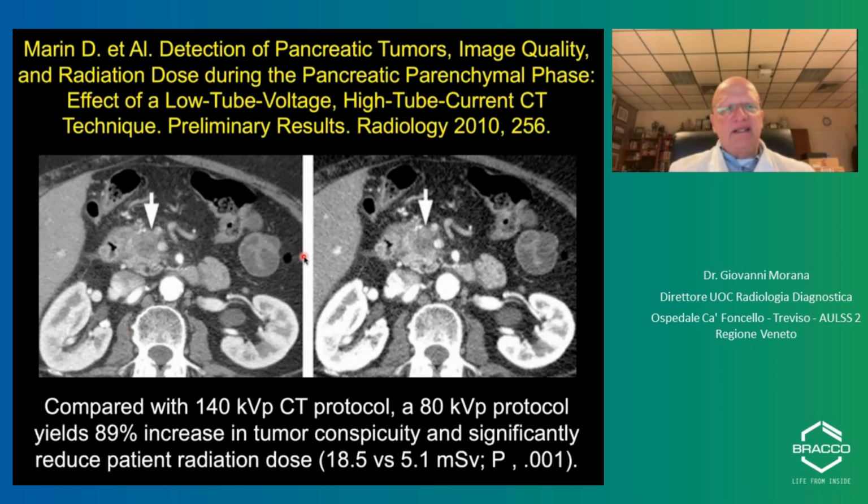As you can see here, this was quite an old paper, but still valid. If we lower the energy from 140 kV to 80 kV, we significantly increase the tumor conspicuity in comparison to the surrounding pancreatic parenchyma. So that means when we use CT, try to work with the low kV protocols.